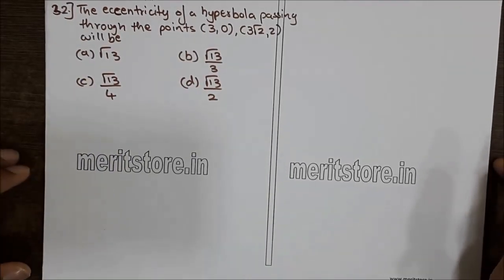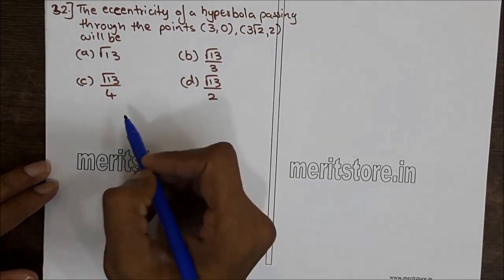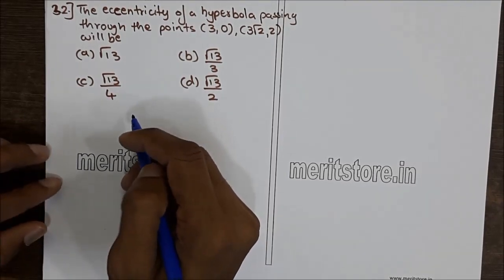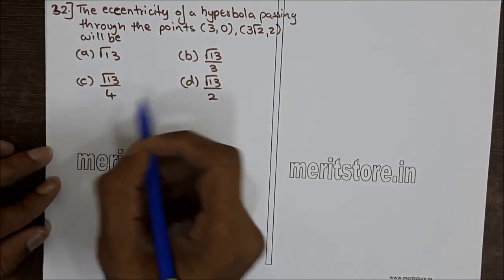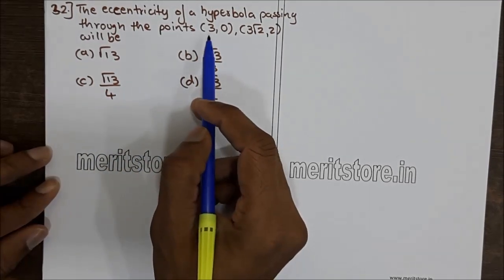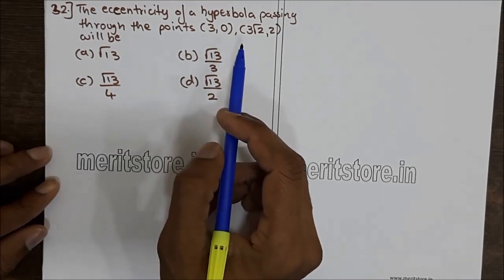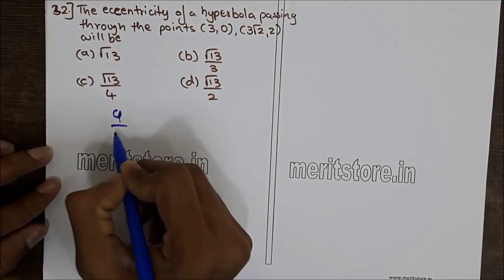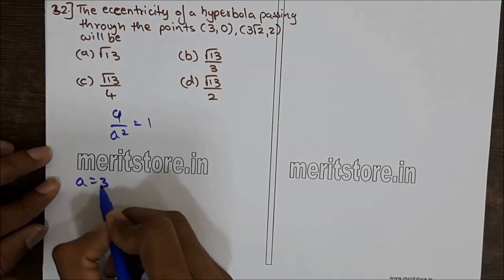Question 32. The eccentricity of the hyperbola passing through the points (3, 0) and (3 root 2, 2) will be? We have 4 options: A root 13, B root 13 by 3, C root 13 by 4, and D root 13 by 2. If we substitute the values of the points 3, 0 and 3 root 2, 2 in the equation of the hyperbola, we get 9 by a square is equal to 1, so we get a is equal to 3.